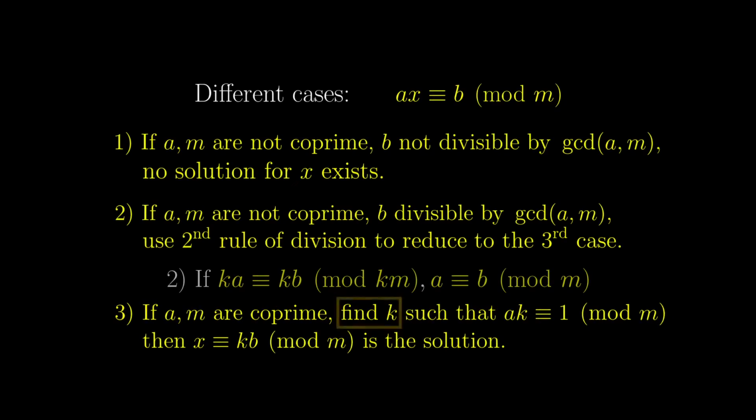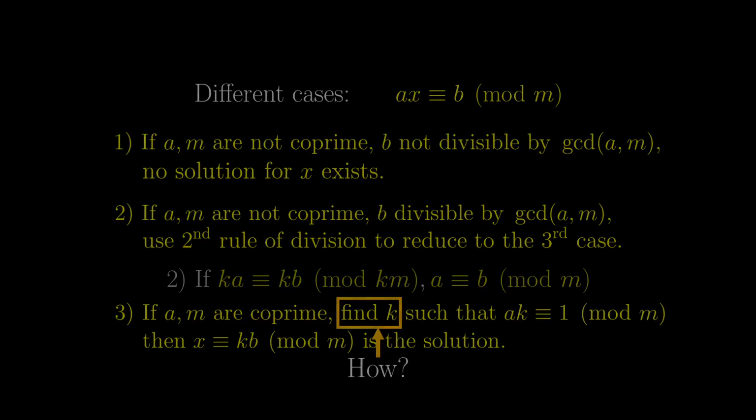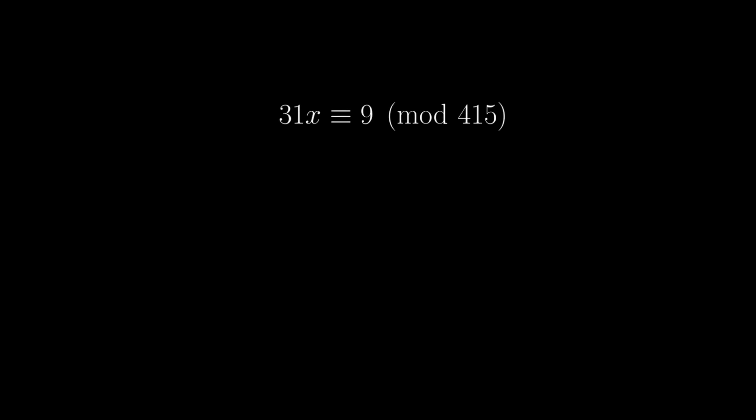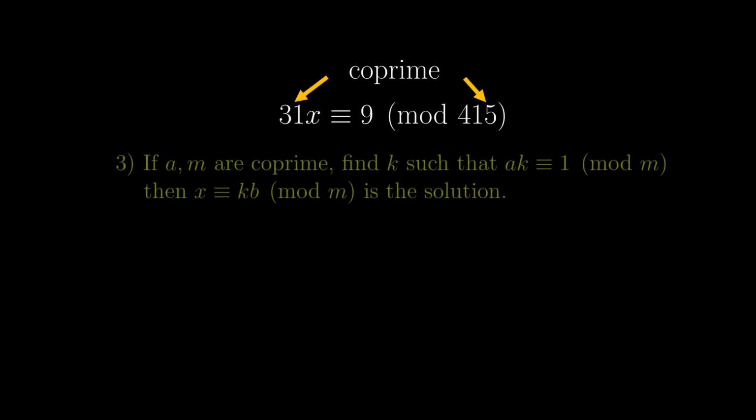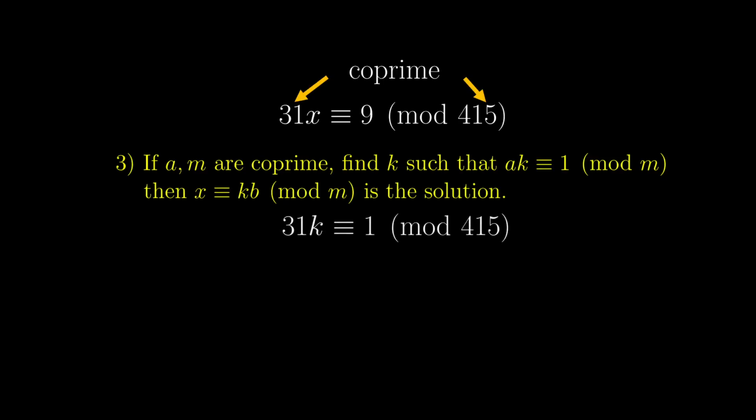However, the problem is, of course, how exactly do we find this number? We would use the example here to illustrate the entire process. You can see that 31 and 415 are coprime, and so we can directly go to the third case and figure out the number k such that 31k is congruent to 1 modulo 415.